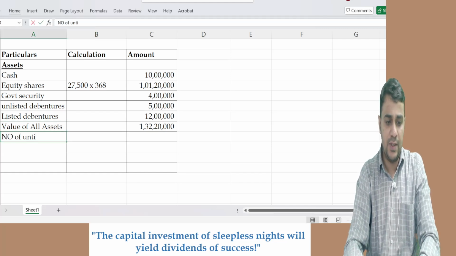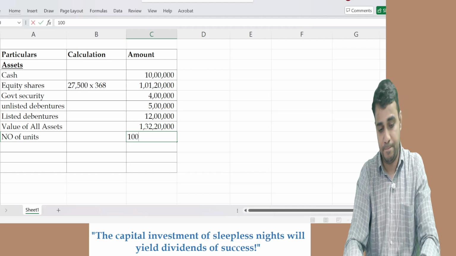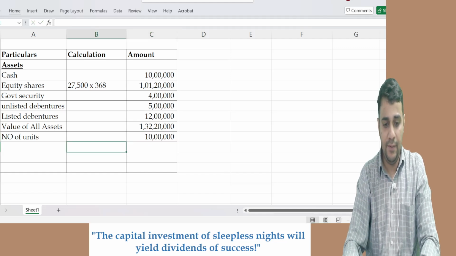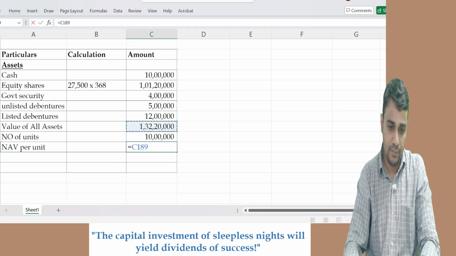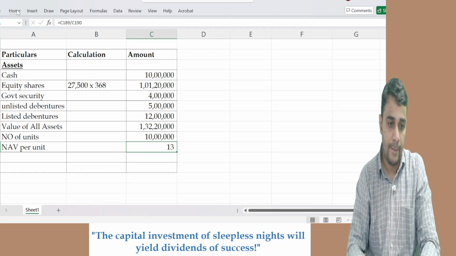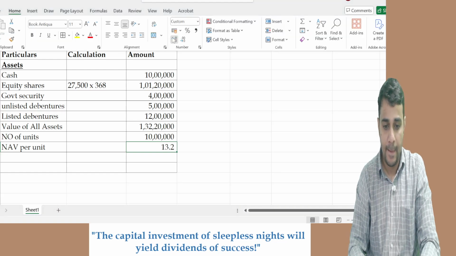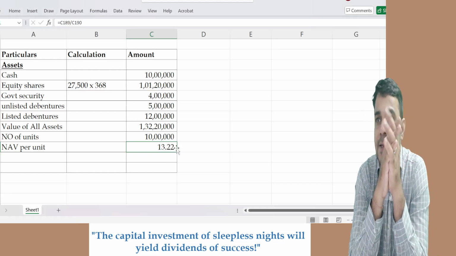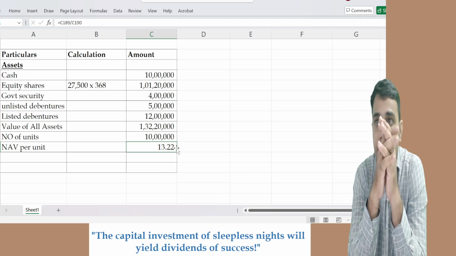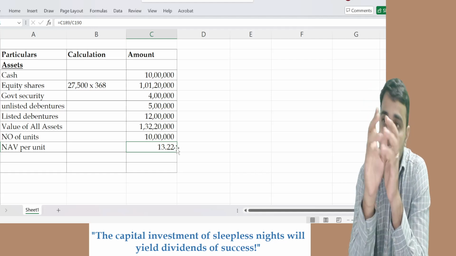Tell me the number of units in the MF. 10 lakh. NAV per unit. Clear? Fairly simple calculation. Only thing is two concepts which I've already explained in there.